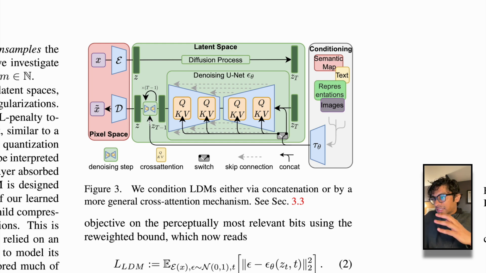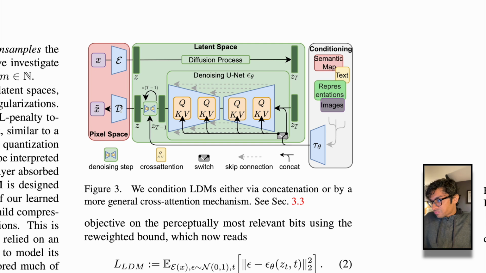You took capital T steps to reach from Z to Z_T, right? So if you exhaust Z_T, you reach Z_{T-1}, that's one step, and then in T-1 steps, a total of T steps, you will reach back Z. Reaching back Z, you have a decoder which converts it back into the pixel space.